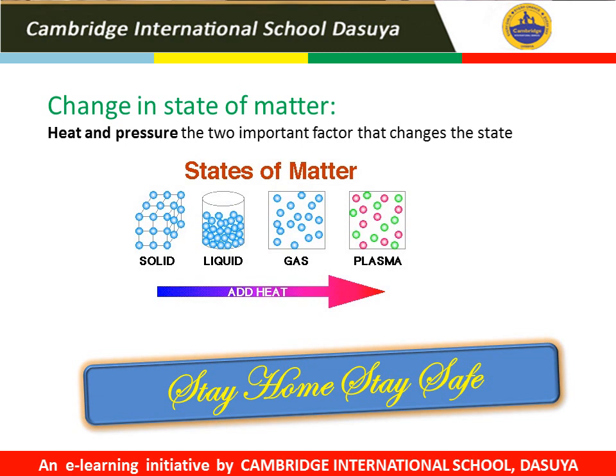Then when they get enough energy, when heat is supplied, they start converting into the gaseous form, where there are no intermolecular forces holding them together. Liquids and gases, where the particles can move from one place to another, are called fluids. Then at extreme high temperature, when we go on heating the gases, we get the plasma state.